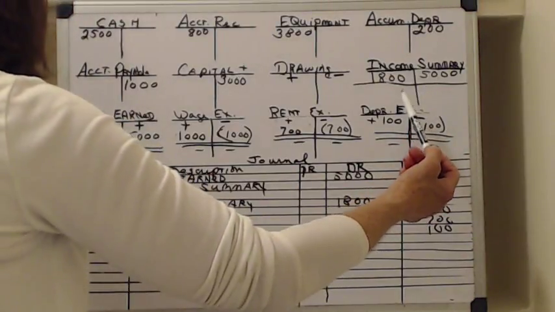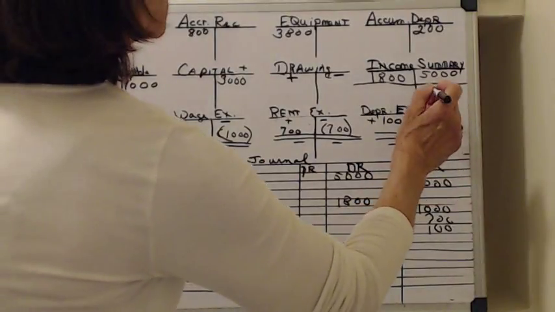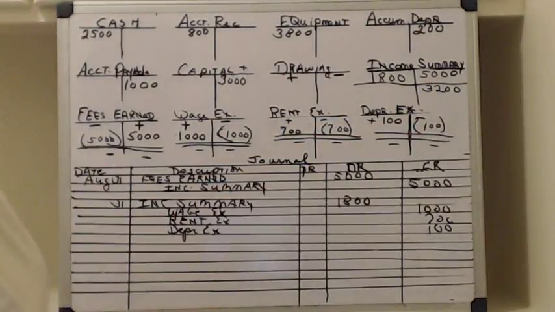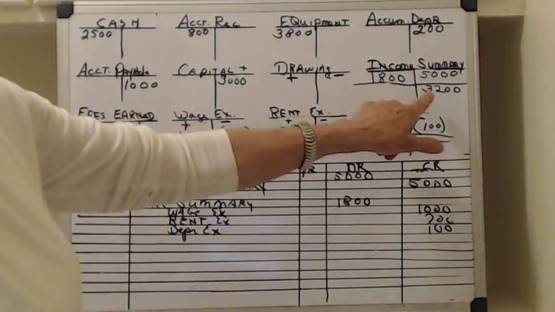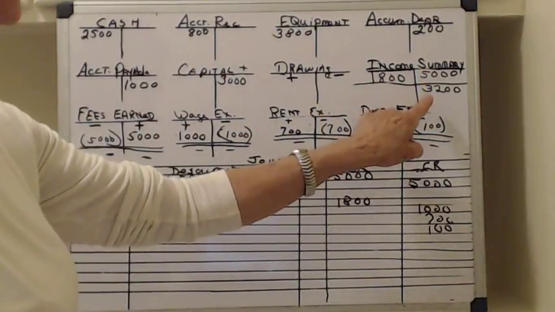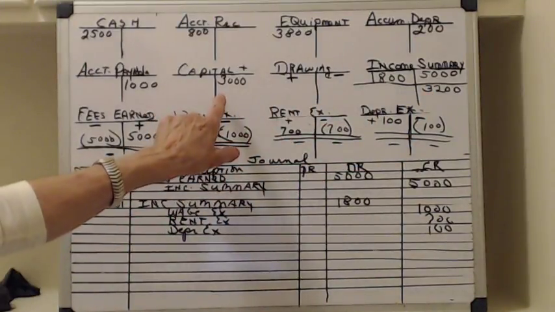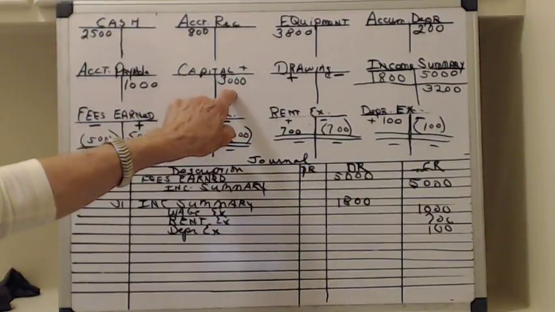So if I subtracted $1,800 from $5,000, I would end up with $3,200. So this account now has a balance of $3,200. This is my profit of the business, my net income. So now I want to take that money out and I want to give it to the owner of the business. He made a profit, so I want to credit his account. I want to put it right there.